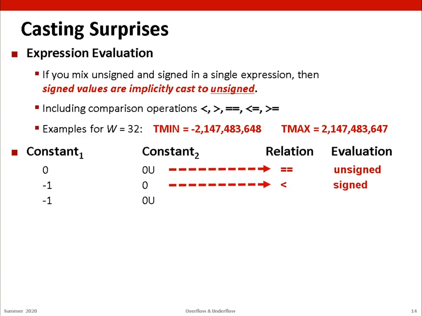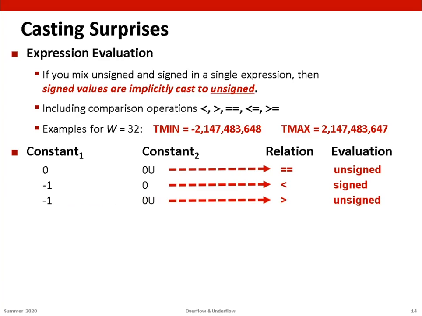So now we have got a large number, and it is going to turn out to be larger than 0. So look at that. Just because we have interpreted one of the constants as unsigned, we have a completely different result, even though we might have been thinking that we are comparing the same values. But that is just because of how the numbers are being interpreted.